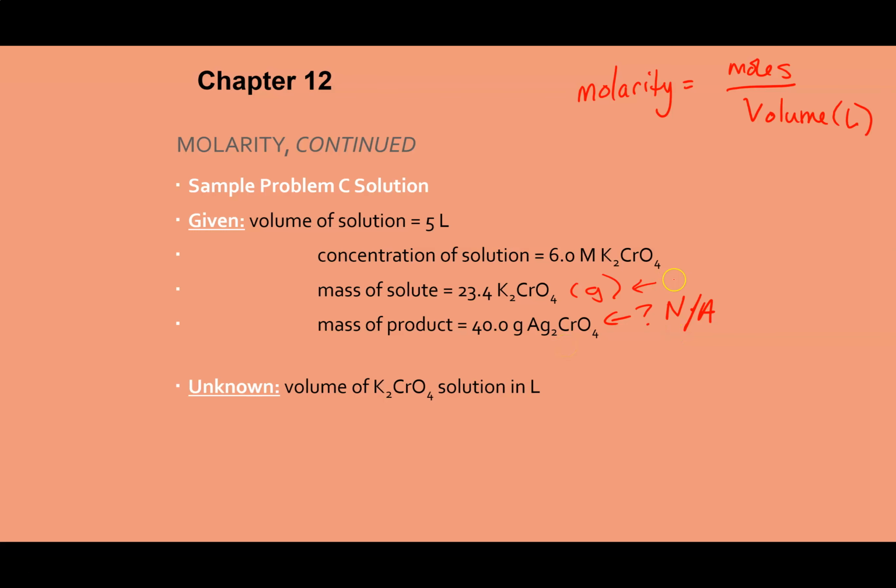So in other words, get this number, and then based on the problem, it will give that number. So our approach is actually going to be to ignore this particular value. We're going to use the concentration of the solution and the volume we were given to get moles first. That's what molarity is all about. So we're going to get moles first.